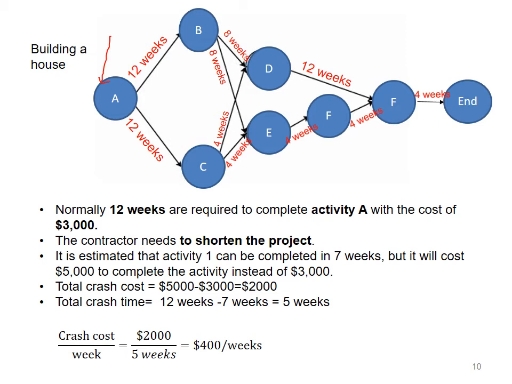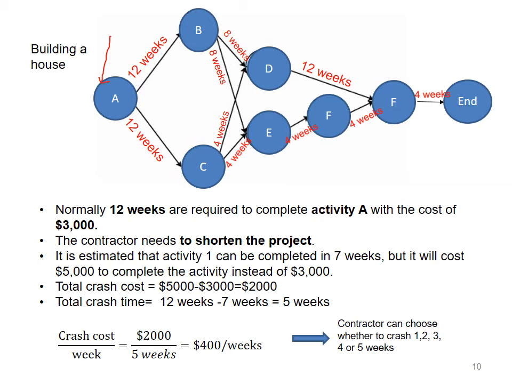Okay, jadi daripada sini you tahu, setiap minggu yang you crash tu nilainya ialah additionally 400. You kena tambah 400. Okay, so kontraktor boleh pilih sama ada dia nak crash hanya 1 minggu, hanya 2 minggu, 3 minggu ataupun go to the maximum 5 weeks.